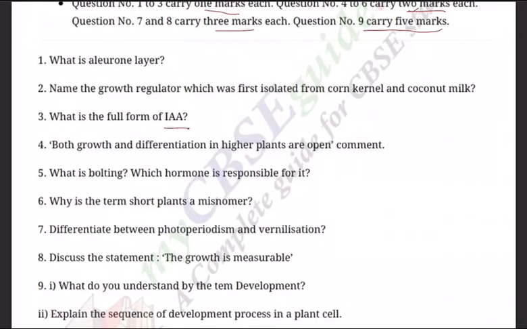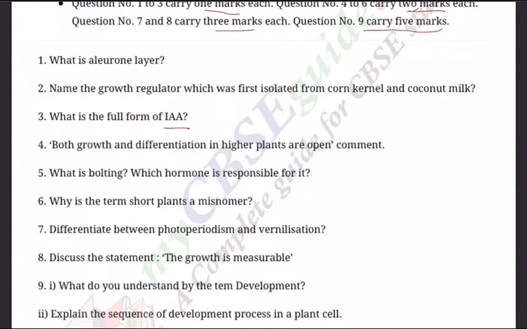I will repeat, both growth and differentiation in higher plants are open. Comment upon that. Question 5, an important one: What is bolting? Which hormone is responsible for it?